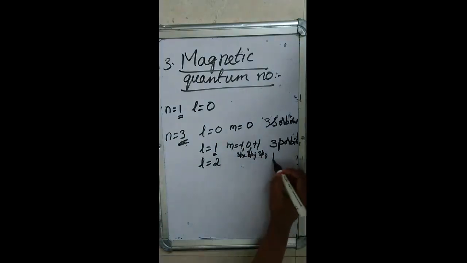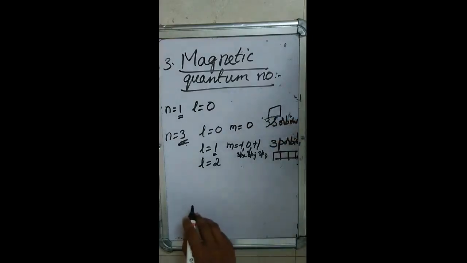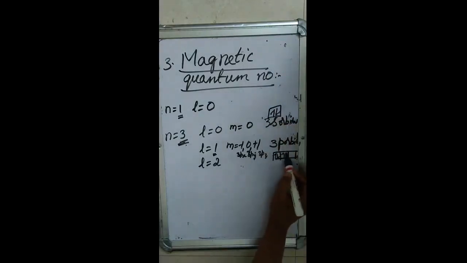That means in a p orbital I should write 3 boxes, while in an s orbital only 1 box. Each box accommodates only 2 electrons. So in a p orbital, 1, 2, 3, 4, 5, 6, a total of 6 electrons are present.